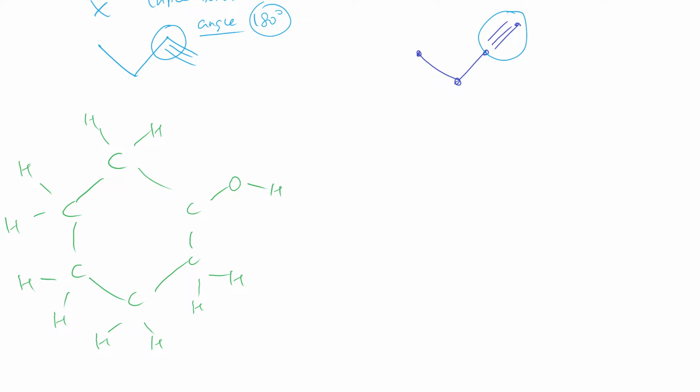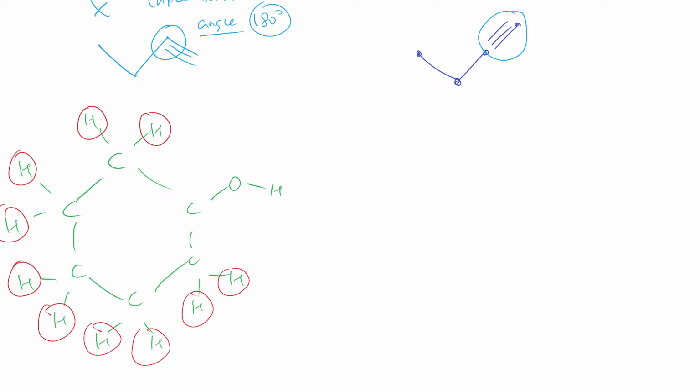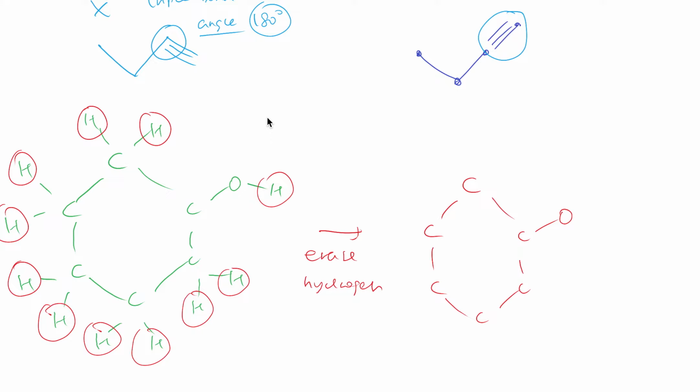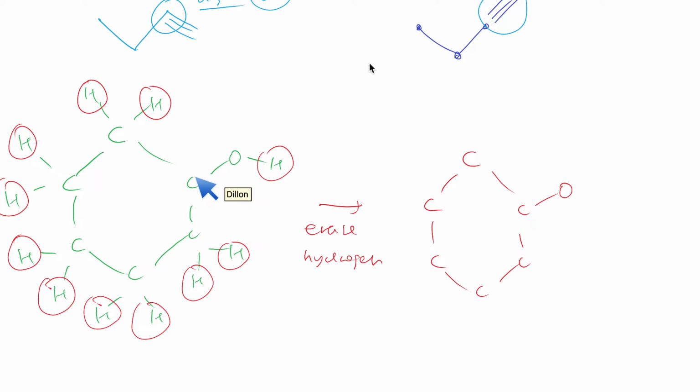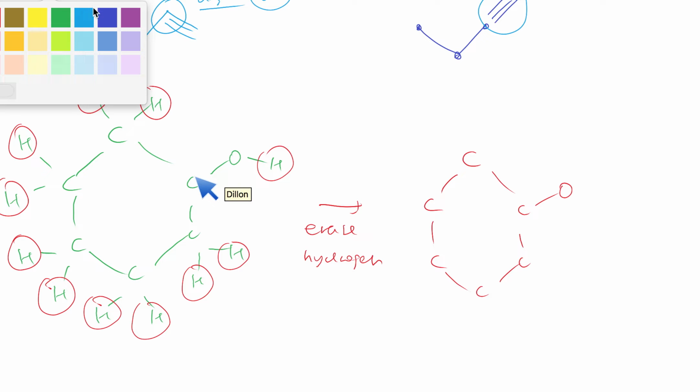Again, the first thing is you just remove all the hydrogens. So circle all the hydrogens and then remove all the hydrogens. However, this structure here is incorrect.